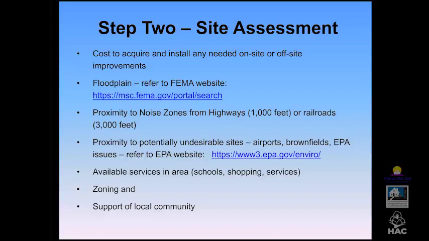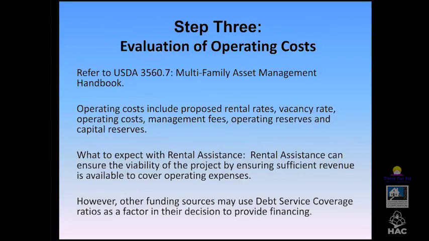So we want to make sure that there are services in the area: schools, shopping, churches, recreational facilities, and you will actually put a map in your application that shows the proximity to those items. Obviously, we always want local community support and evidence that zoning is available or annexing is possible and that you're working towards that.